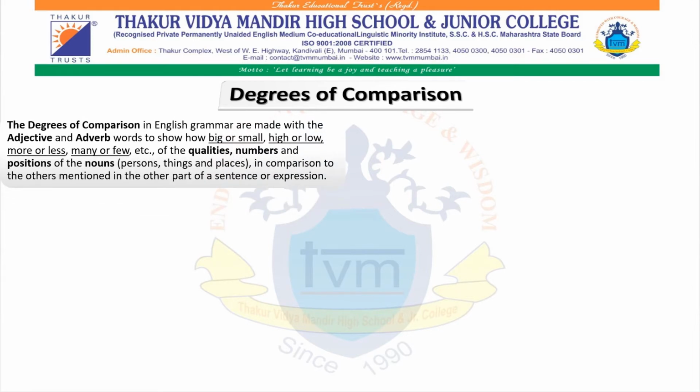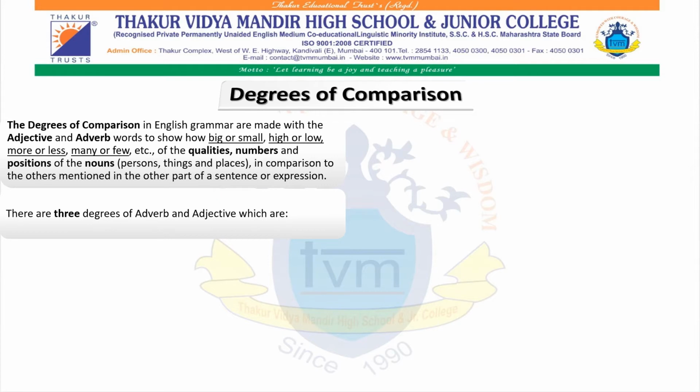The degrees of comparison in English grammar are made with adjective and adverb words to show how big or small, high or low, more or less, many or few, etc. of the qualities, numbers, and positions of the nouns, that is, persons, things, and places, in comparison to the others mentioned in the other part of a sentence or expression.